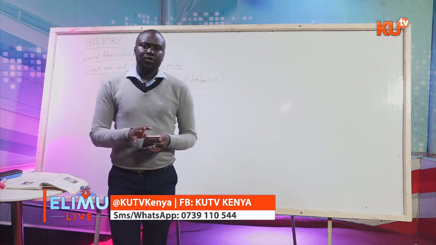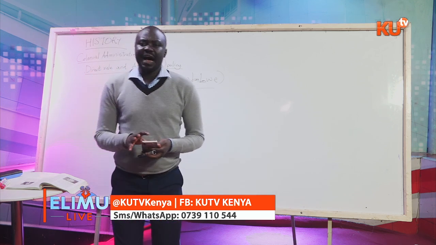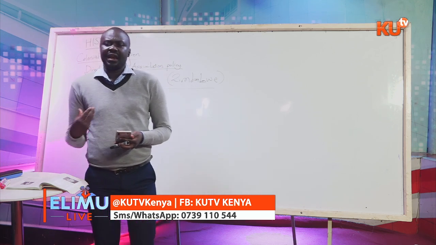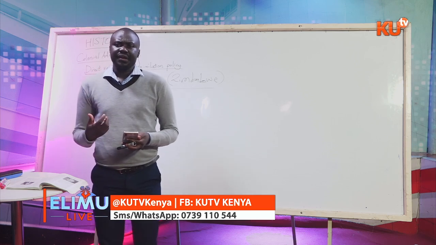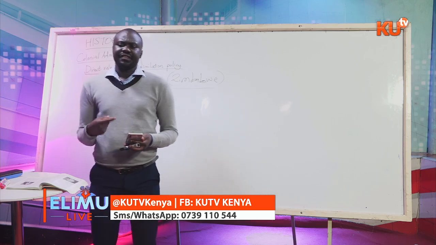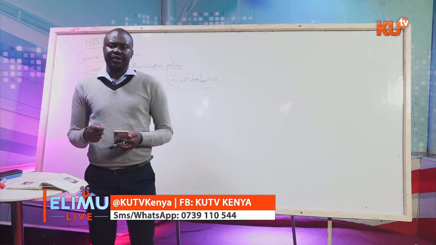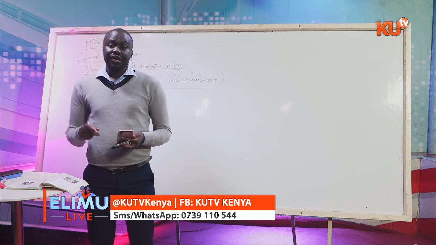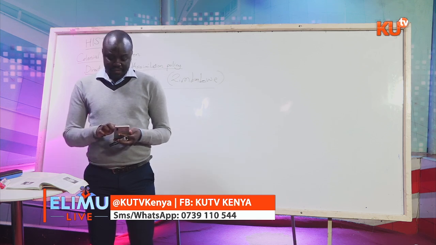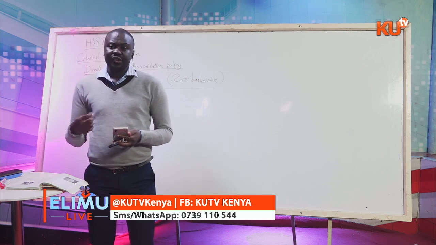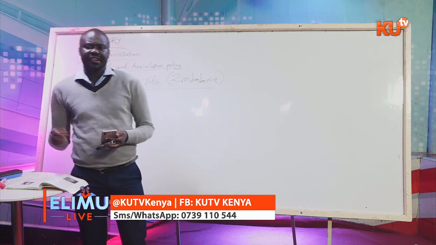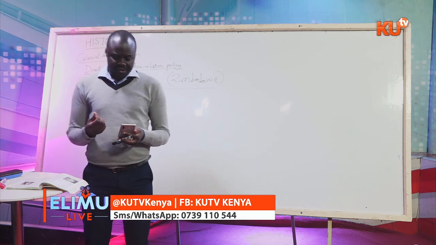Now BSAC, because Cecil Rhodes had a lot of finance and a lot of influence, encouraged the settlers to settle in Southern Rhodesia. And not only that, he also financed them. He also financed the personnel or administrators who could take up leadership positions.